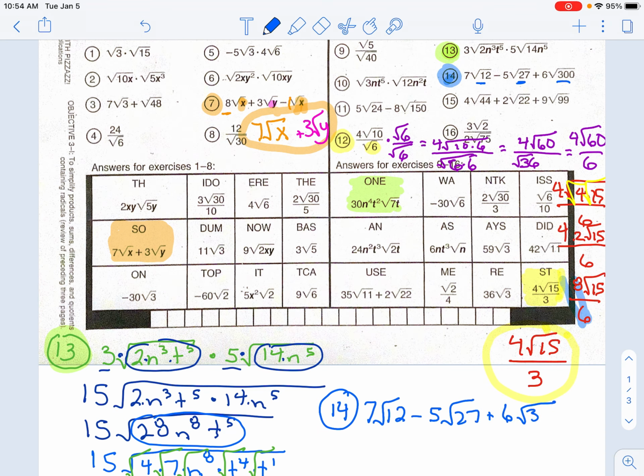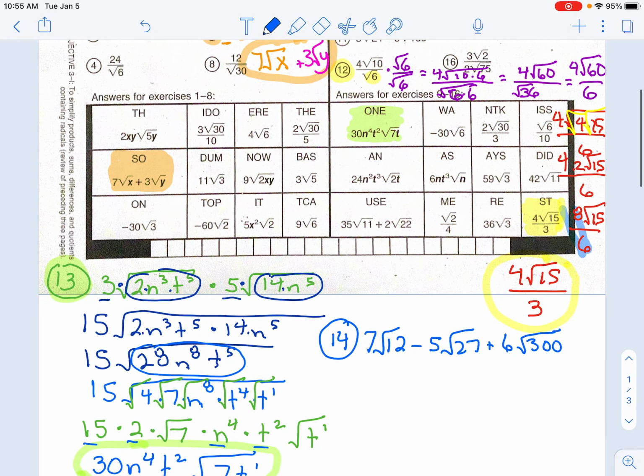So we just got done talking about the fact that 4 goes into 12. So for this first part, we'd separate the 12 into 4 times 3. Then we would give each their own radical symbol, take the square root of each separately. That gives us 7 times 2 times the square root of 3, or 14 square root of 3.